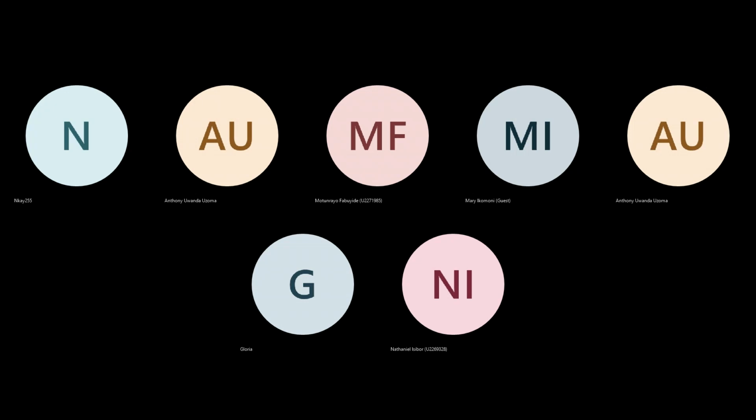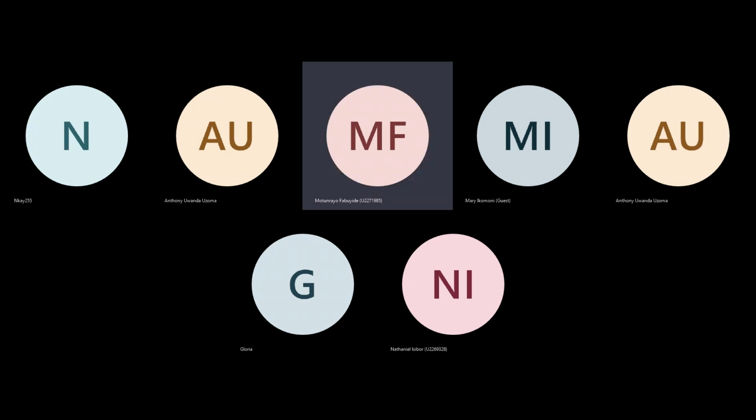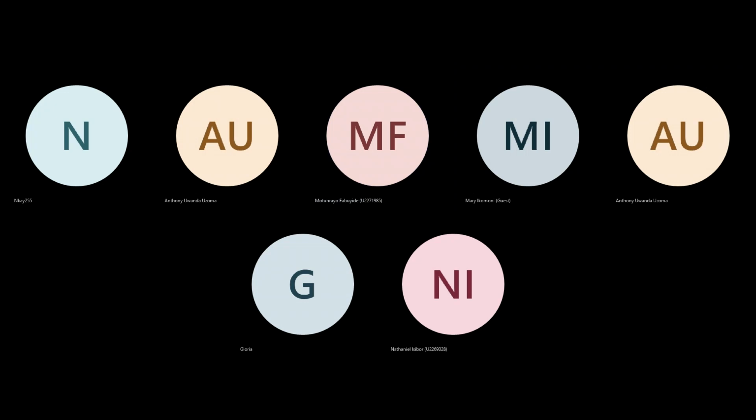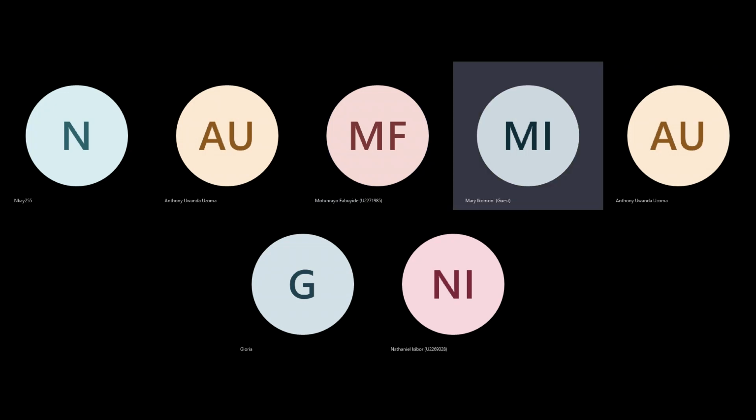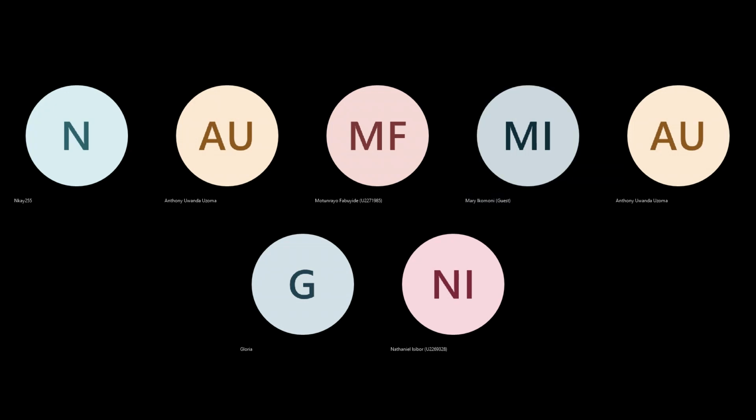If you are moving from left to right, your specificity is decreasing. Remember that the formula is 1 minus specificity. If you are going from right to left, your specificity is increasing.